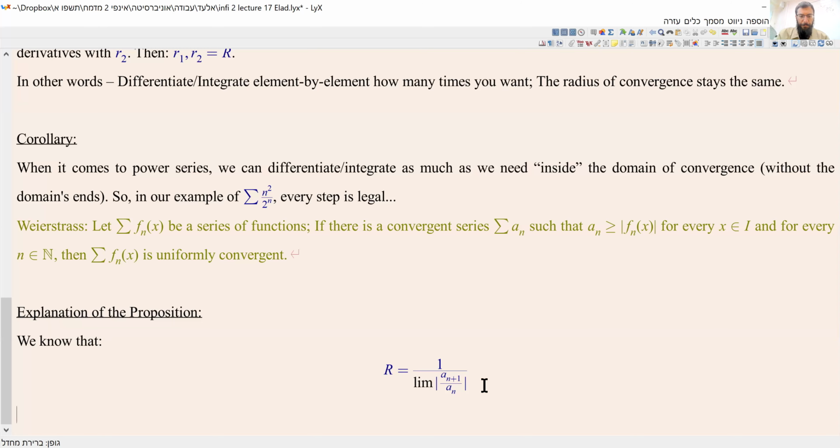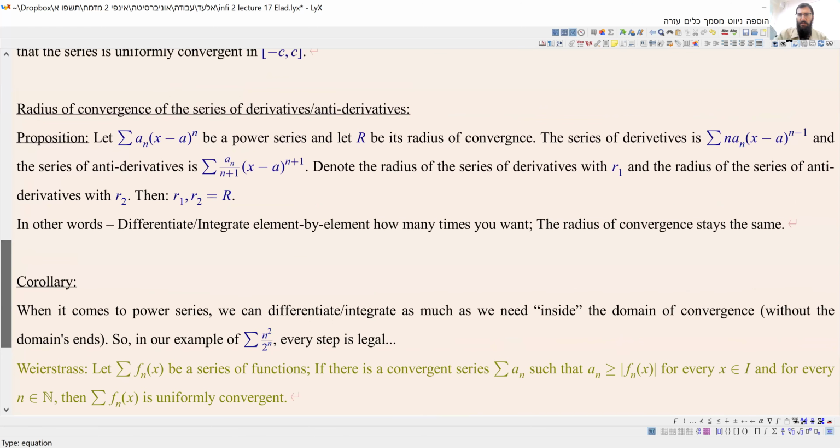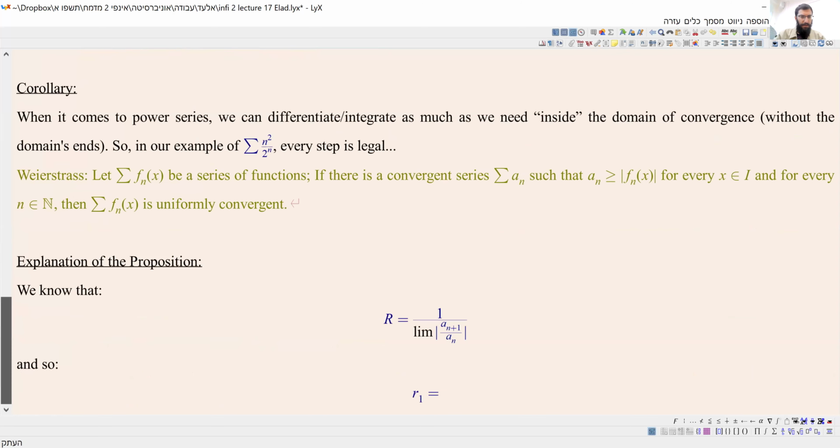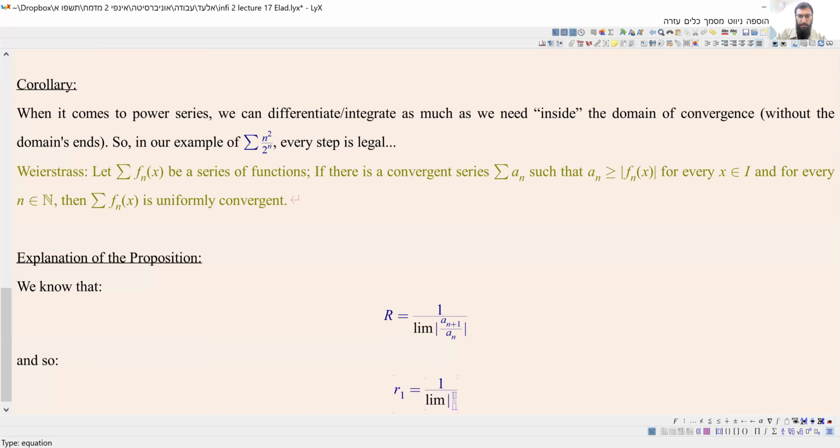And now, if we consider what I call R1, the radius of the series of derivatives, here the coefficients are not a_n, they are n multiplied by a_n. So I have to multiply a_(n+1) by n+1 and a_n by n.